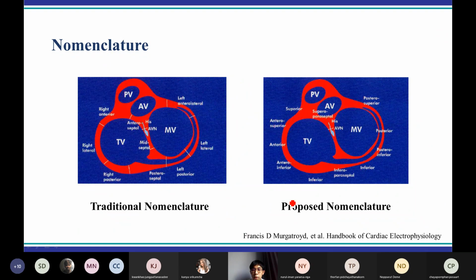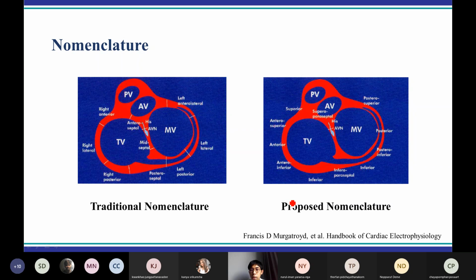And there are two nomenclatures, two theories of the locations of the accessory pathway. The left one is the traditional nomenclature, which we use to call the accessory pathway, and the right one is the new, proposed nomenclature.